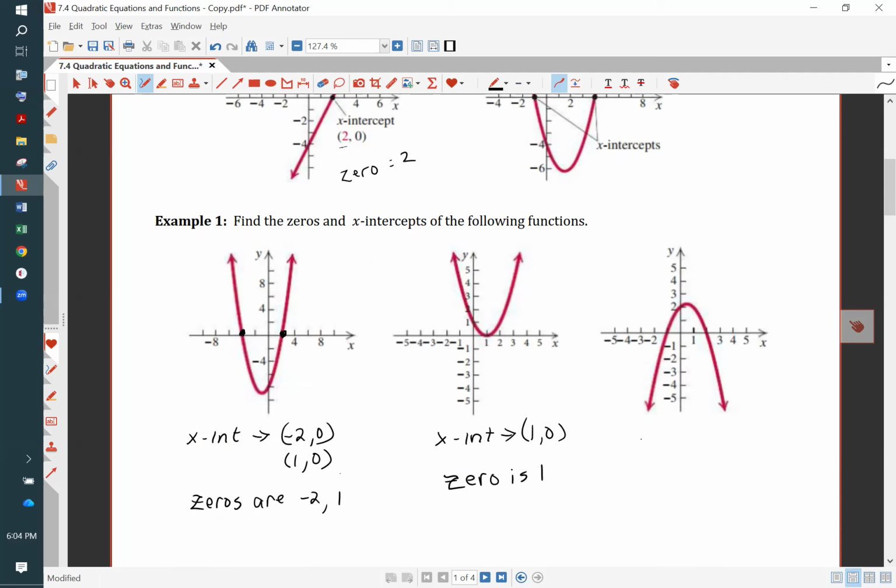So I'm going to let you tell me that stuff on this one. Anybody? So (-1, 0) and (2, 0). And the zeros are -1 and 2.